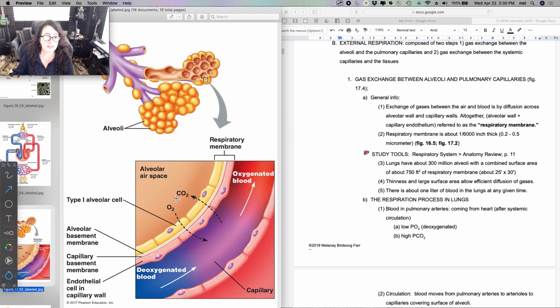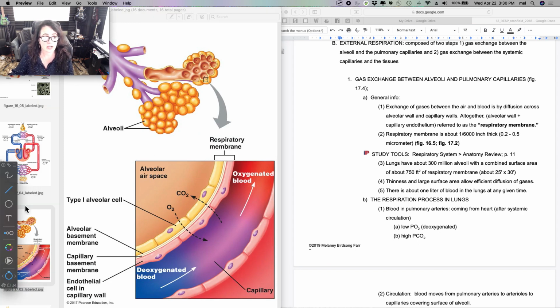So basically what we are going to see that occurs at the respiratory membrane is gases are going to move down their partial pressure gradients, which is kind of the same, again, as saying that they will move down their concentration gradients. So oxygen is going to move from high oxygen in the alveoli to low oxygen in the blood.